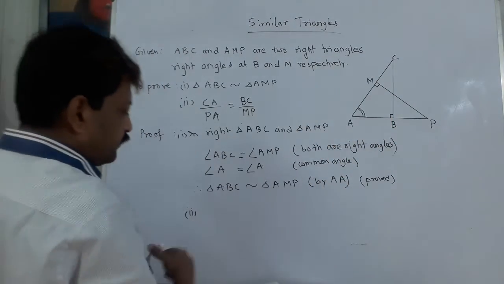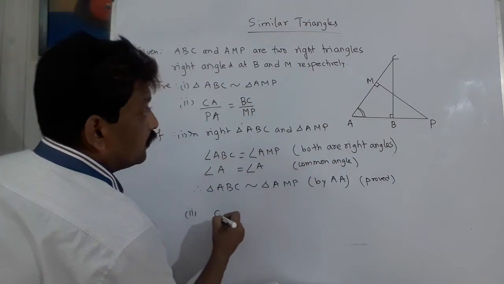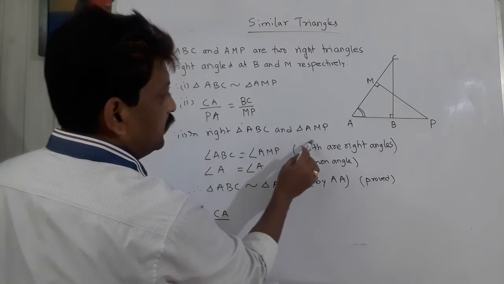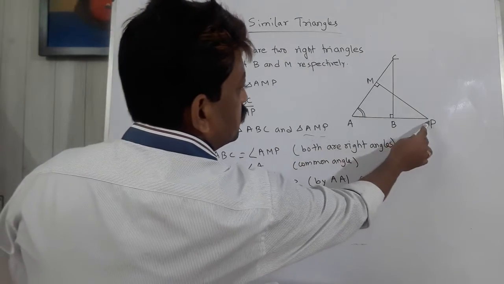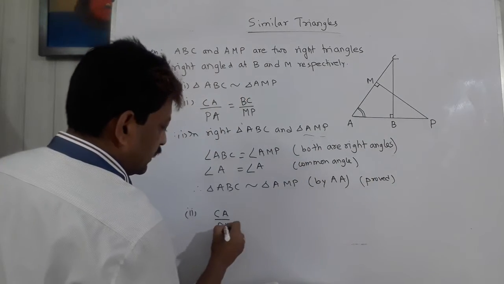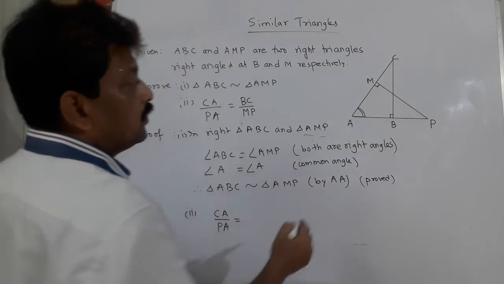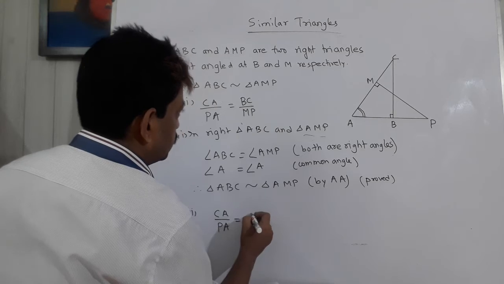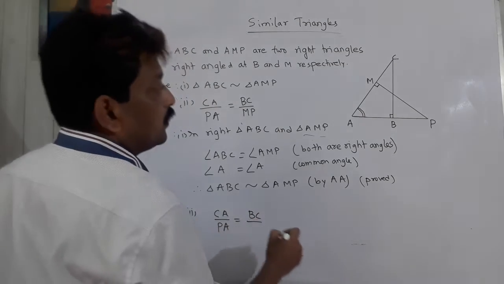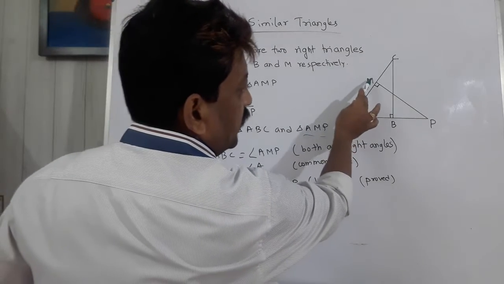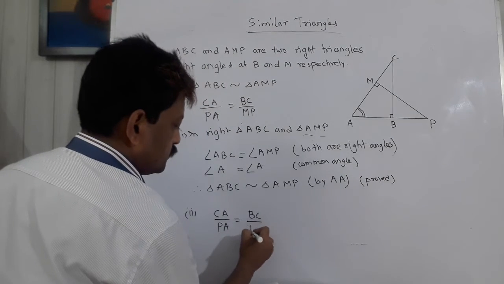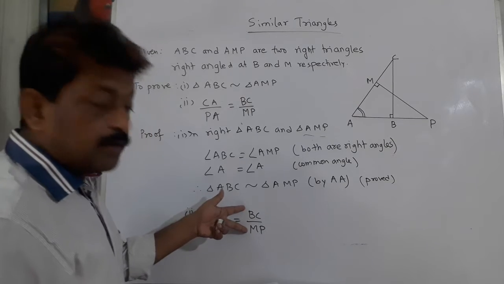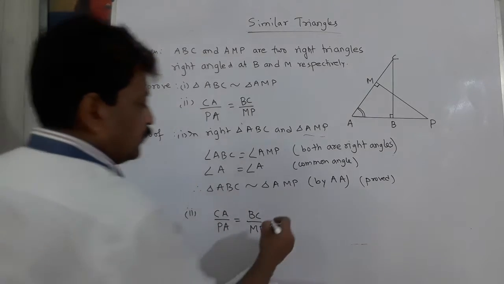Now, the hypotenuse of the first triangle is CA, and the hypotenuse of triangle AMP is PA, the longer sides. The perpendicular of the first triangle I am taking as BC, then the perpendicular of the second triangle will be MP. So hypotenuse upon hypotenuse equals perpendicular upon perpendicular.